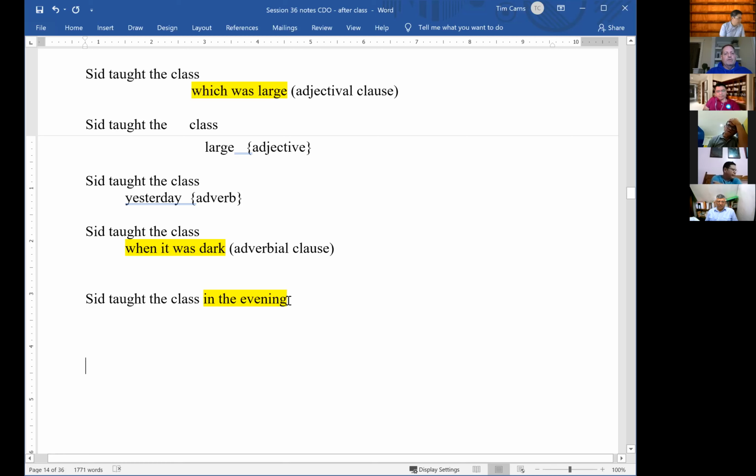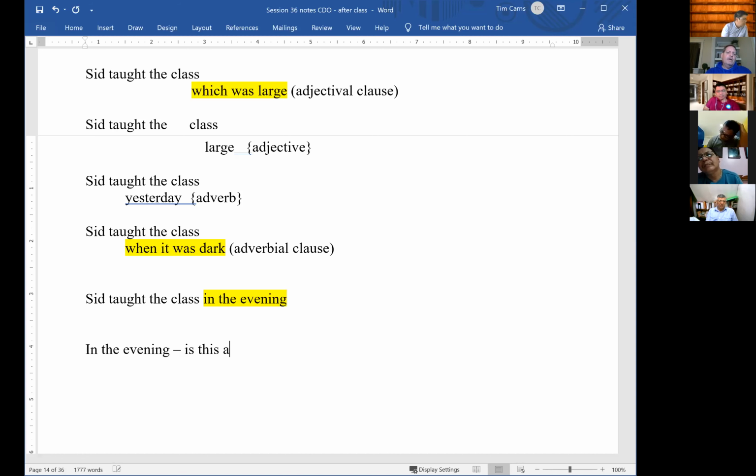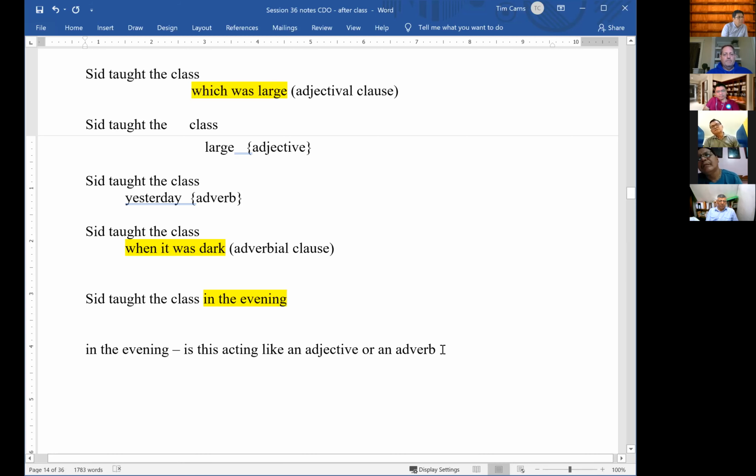So we ask ourselves, okay, in the evening, is this acting like an adjective or an adverb? That's the question you want to ask. Adverb, yeah, because it's describing what? What question is it answering?